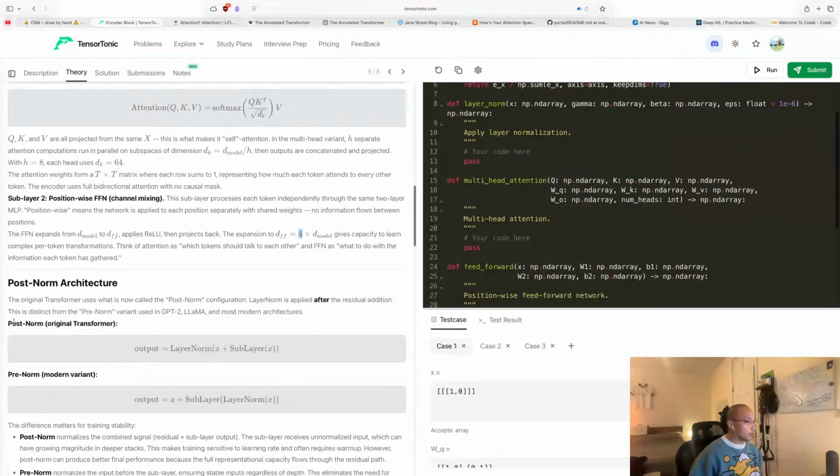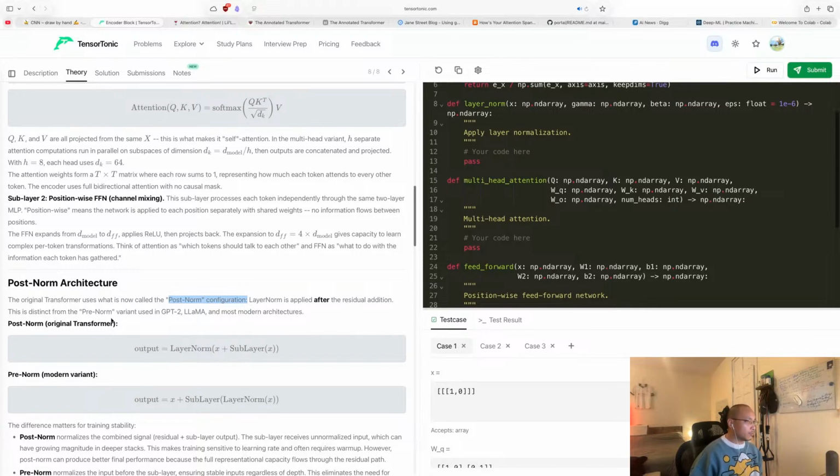All right, post-norm architecture. This is what I think I was remembering. The original paper uses what is now called the post-norm configuration. Layer norm is applied after the residual addition.